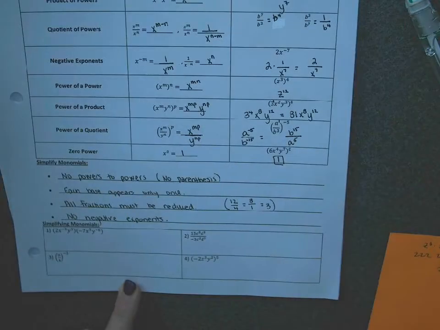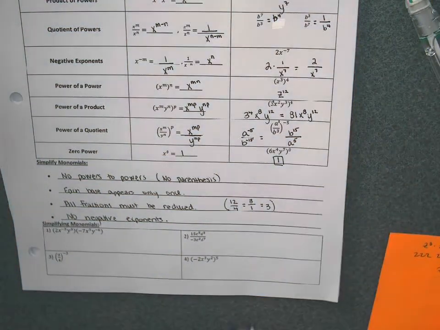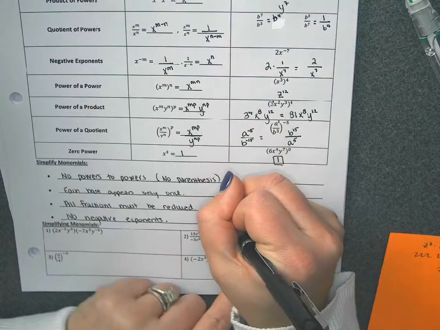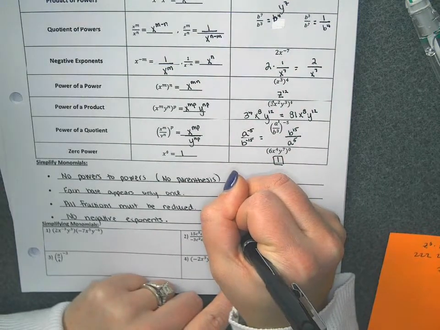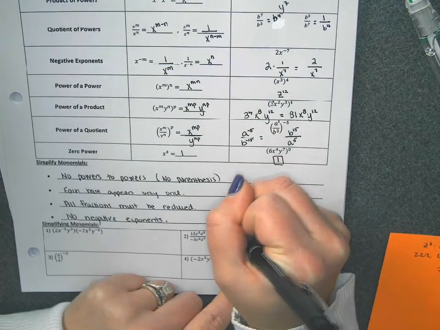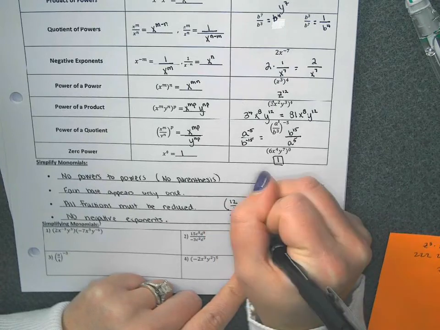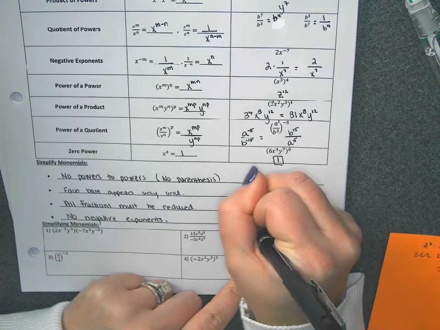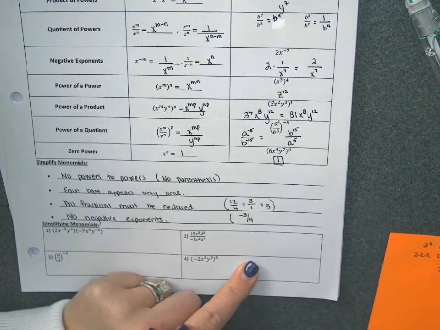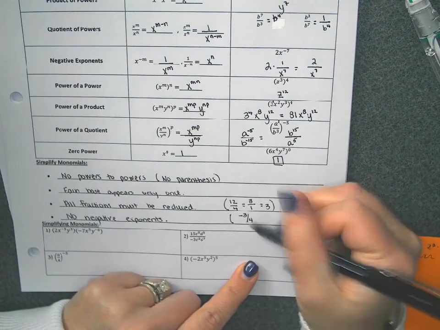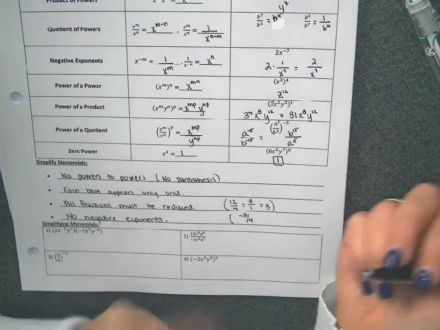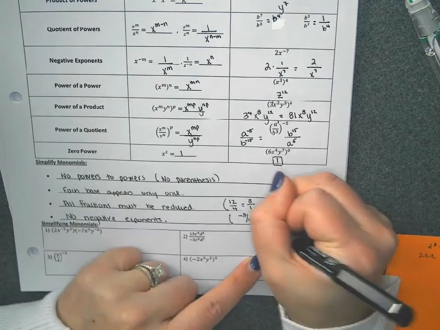Also, another thing here is that if you have negative 3 over 4, you can't move a negative 3. That is just negative 3/4, the end.